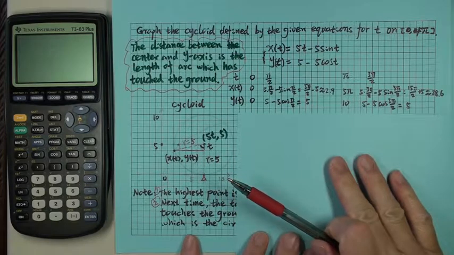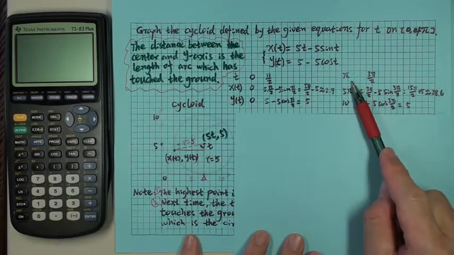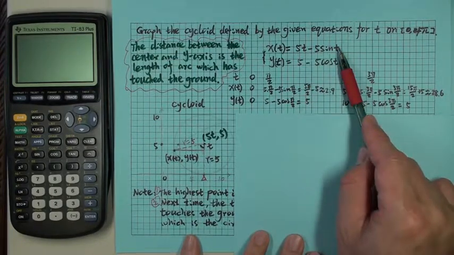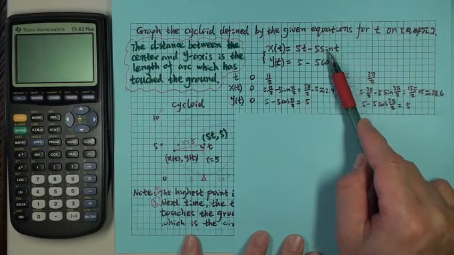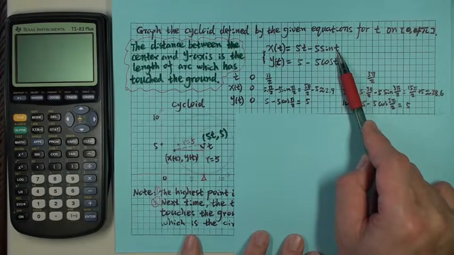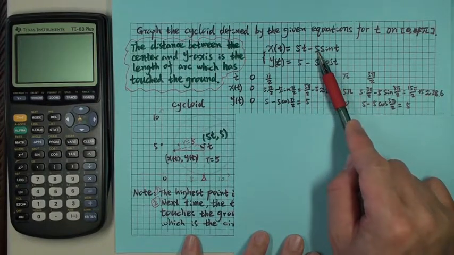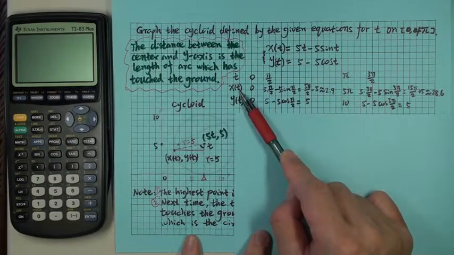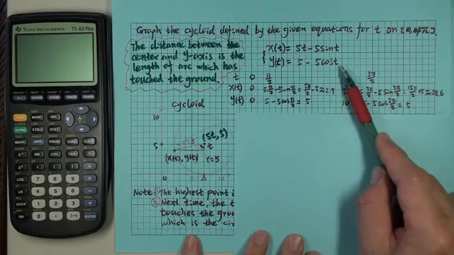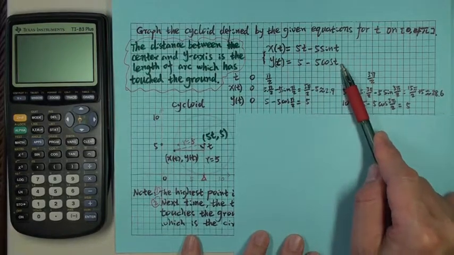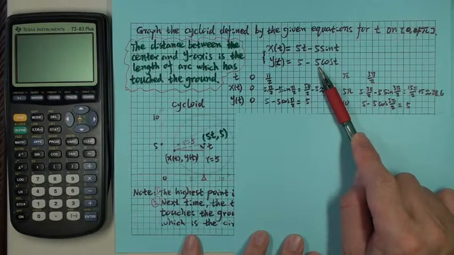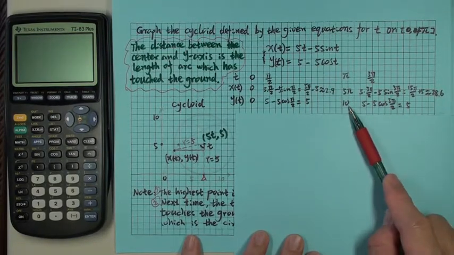Now you have to figure out when t is pi. You plug in t is pi right here. Sine pi is 0, times 5 is 0, and 5 pi is for t. Then cosine pi is negative 1, times negative 5 is positive 5, add 5, and you have 10.